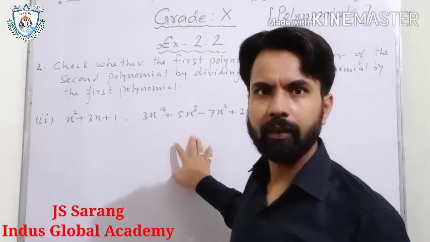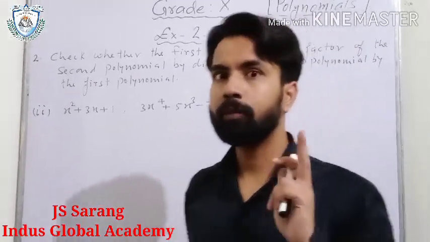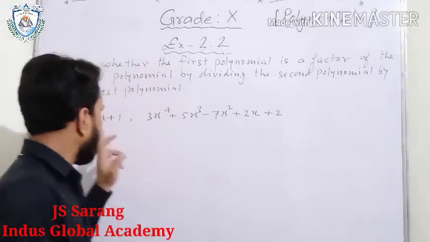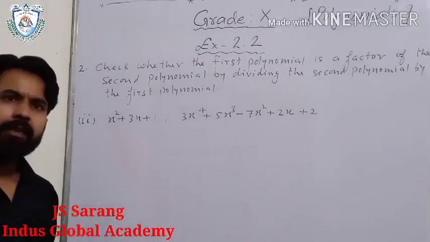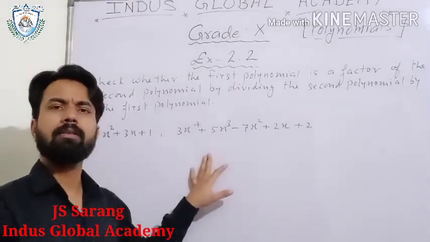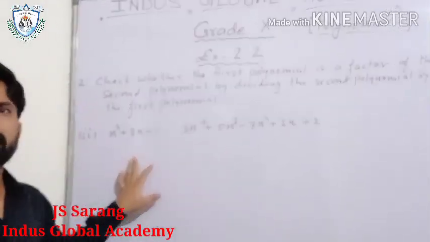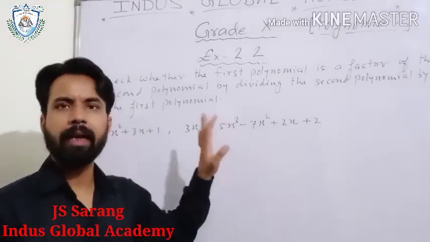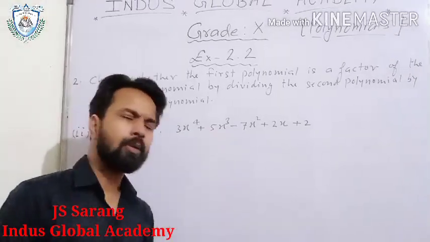Are you getting this point? This is a very important point, so you have to note it. On division, if the remainder is 0, then the first polynomial will be a factor of the second. Or if the remainder is not 0, then the first polynomial is not a factor of the second polynomial. Got it?